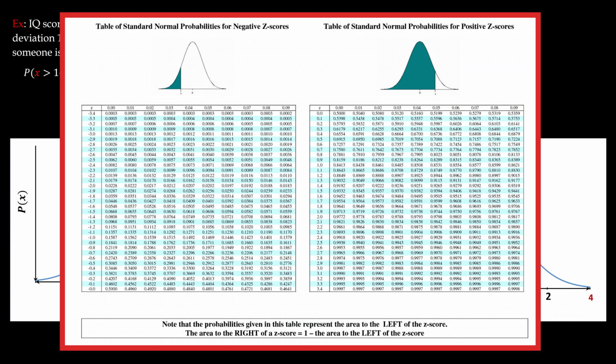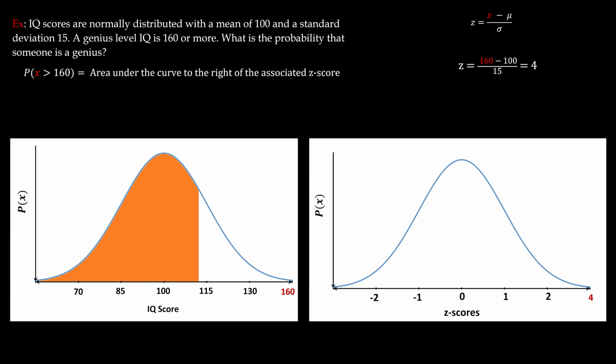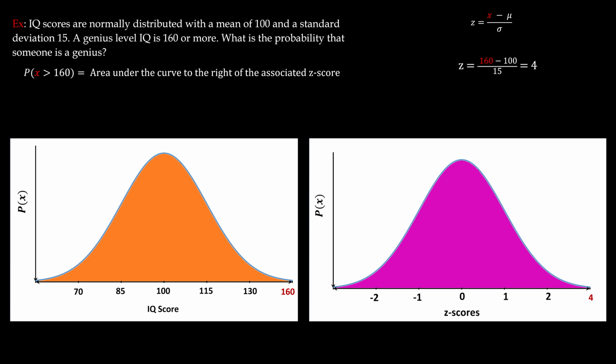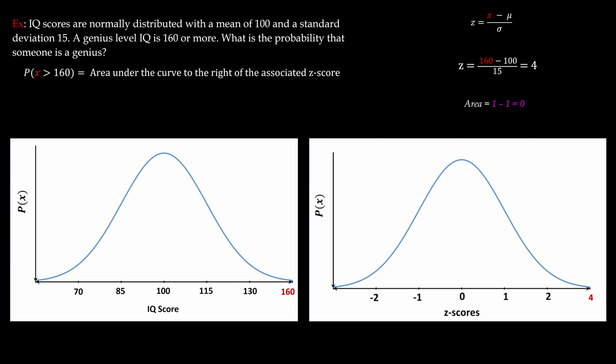Any z-score above 3.49 is rounded to 1, and any z-score below minus 3.49 is rounded to 0. If the area to the left of my z-score of 4 is 100%, then the area to the right of it is 0%. So our statement reads that the probability of someone being a genius is 0%. But this does not mean it's impossible. It just means that it's very, very, very unlikely.